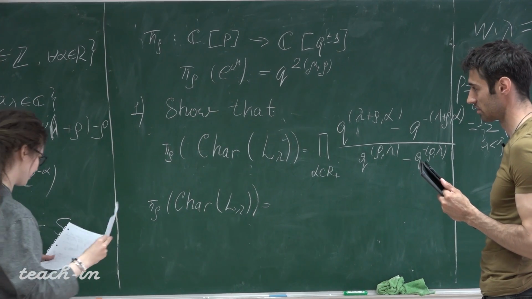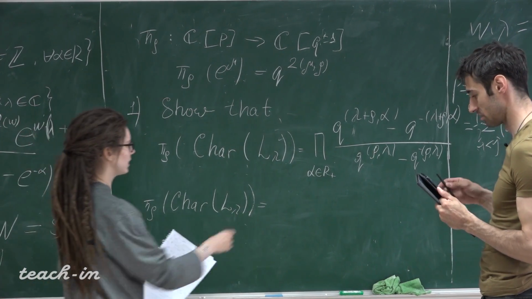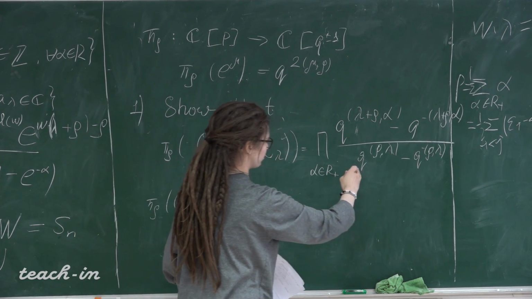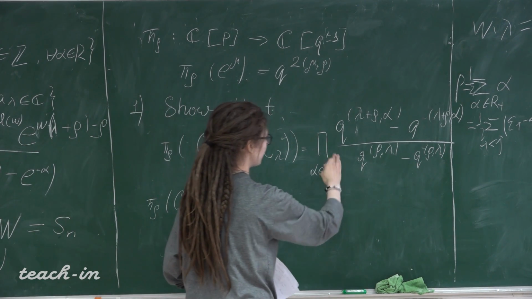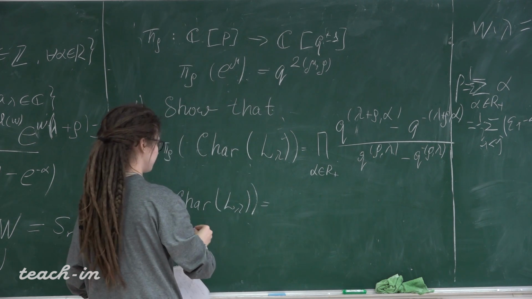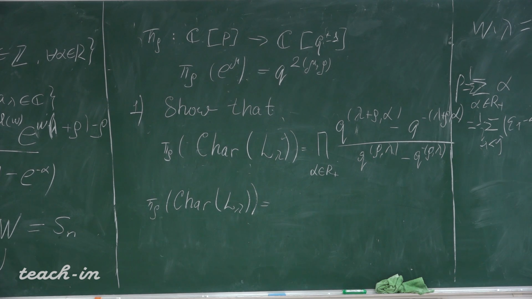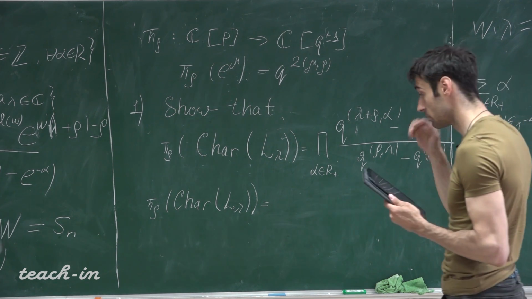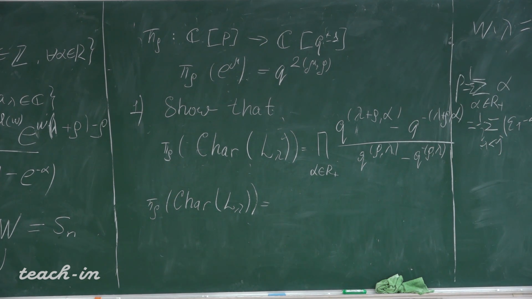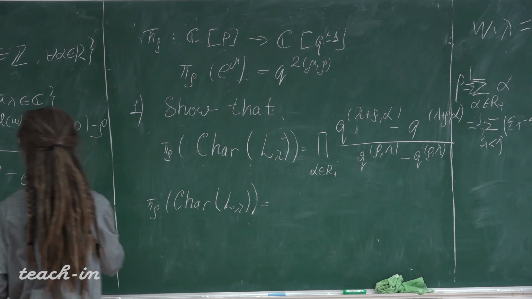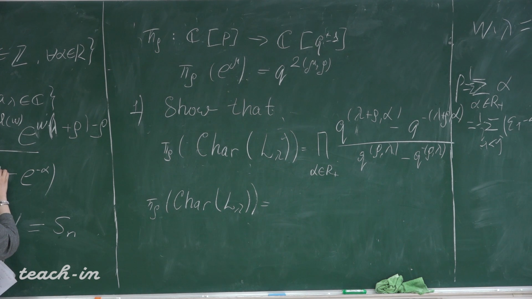I think it was pretty simple. No, maybe I'm wrong, because when I apply the homomorphism to this part, to the numerator, it will be... Why, if you apply... Also, it was written here in mine like second.